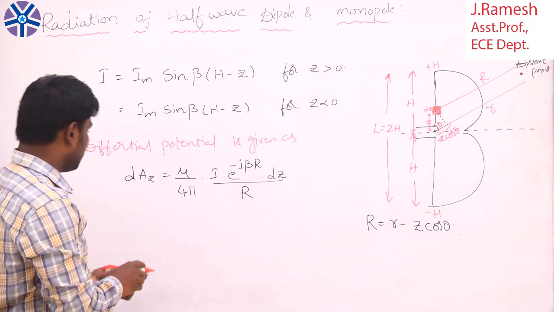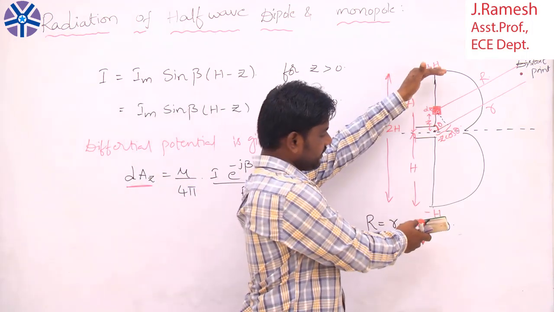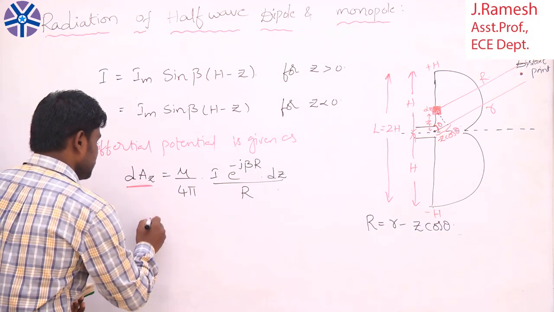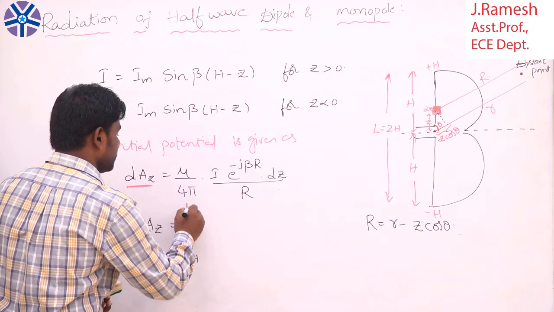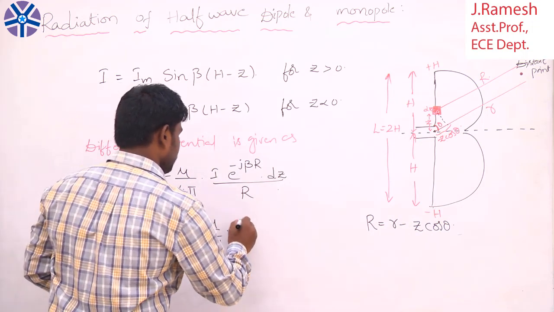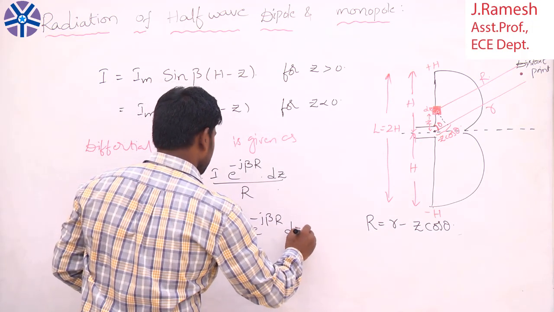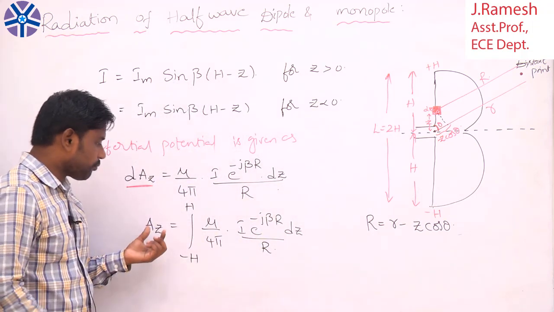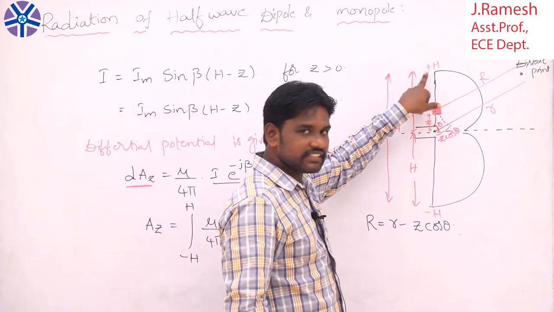So the potential for the entire antenna can be given as Az equal to the integral from minus h to plus h of mu by 4 pi into I into e to the power of minus j beta r dz by capital R. This is exactly the potential for the entire antenna from minus h length to plus h length.